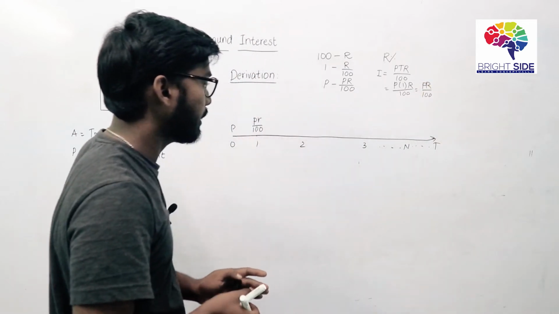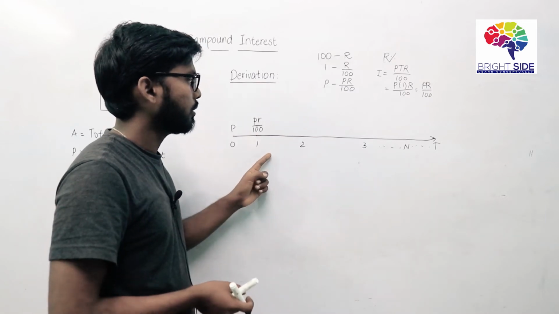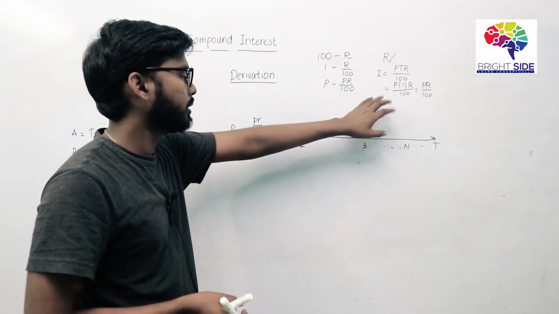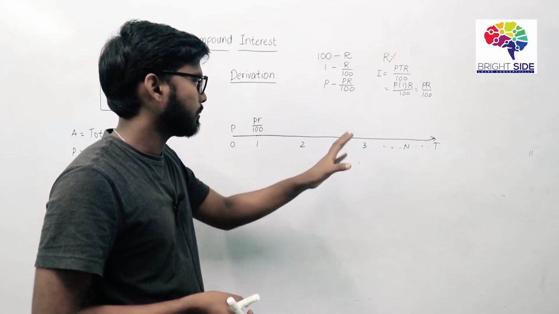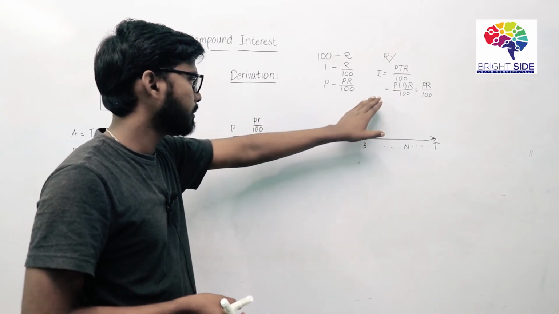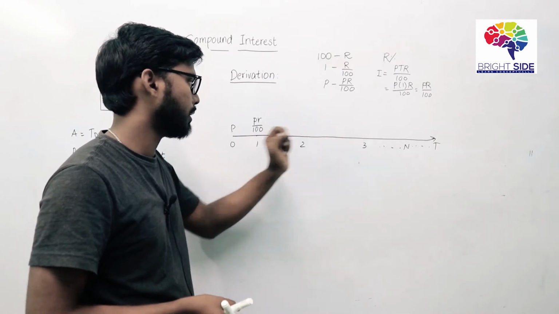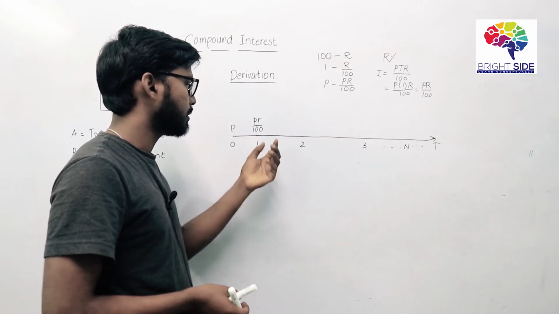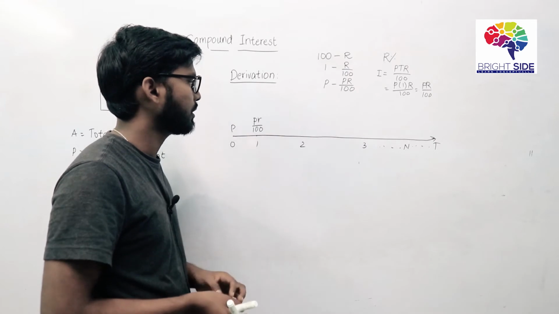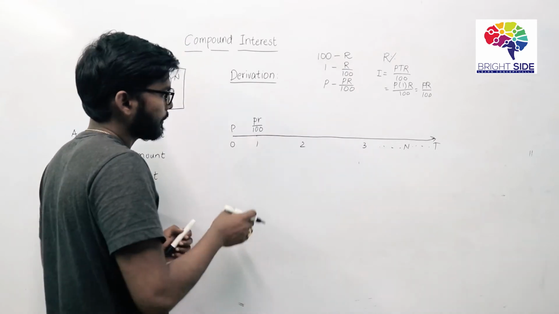And if you observe the simple interest, the interest for the first year in simple interest and compound interest is the same, PR by 100, PR by 100, and the difference starts from the second year. You have to observe from there.